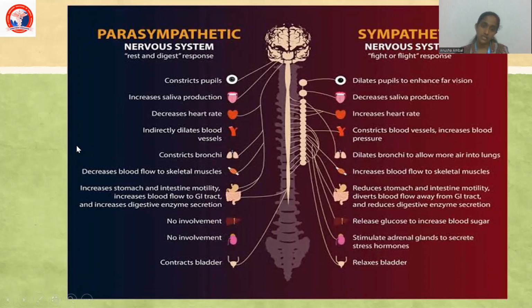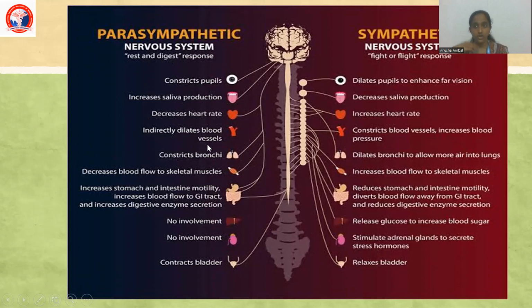You can see it is just the opposite for the parasympathetic nervous system. It is the rest and digest response. For digestion to occur, we need a lot of saliva and a lot of blood supply to the GI. We do not need it for the skeletal muscles because we are resting. So the opposite occurs. In resting, we do not need much oxygen, so there is bronchoconstriction.